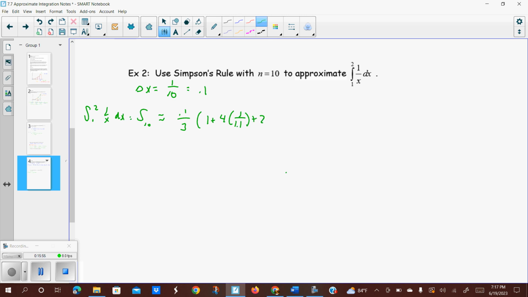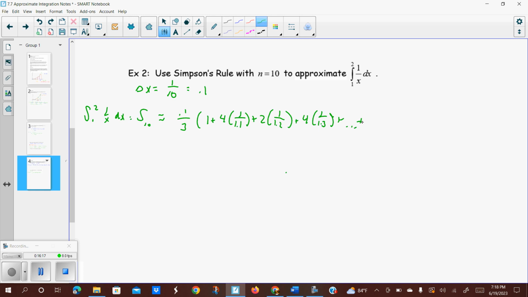Plus 2 times 1 over, the next one will be 1.2. Plus 4 times 1 over 1.3. I am not going to write all of them out because I'm going to run out of room. You should still write them all out on any kind of a test or quiz. I'm just doing this to save a little space and time.